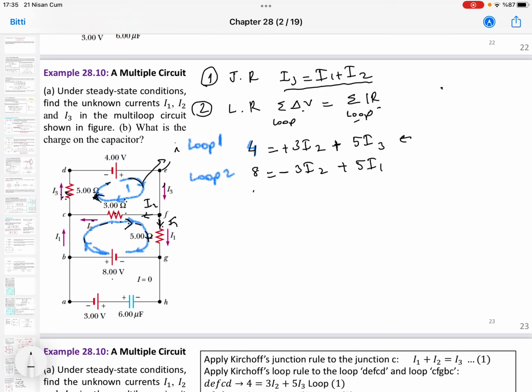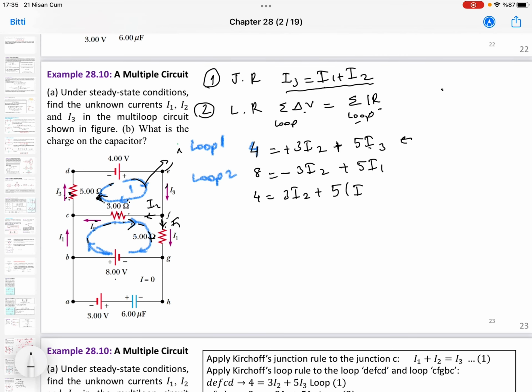Again, I will write my equation: 3I2 plus 5, and I will put in I3 with this format, I1 plus I2. Okay, and then we can make it tidy.